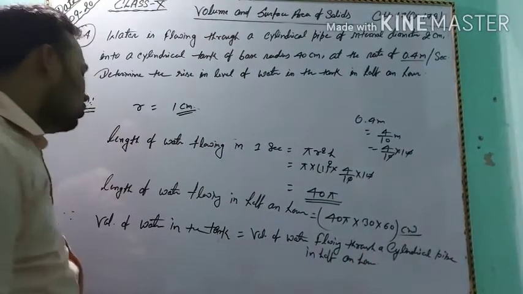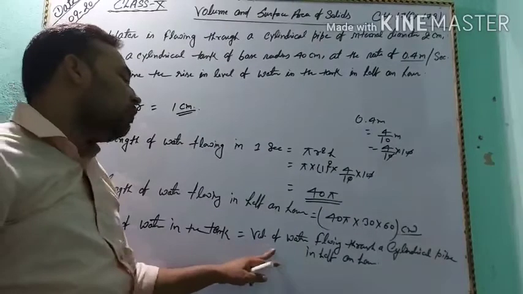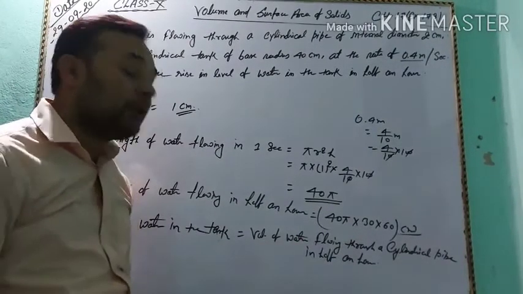Okay, so the volume of the water in the tank is equal to the volume of water flowing through a cylindrical pipe in half an hour.